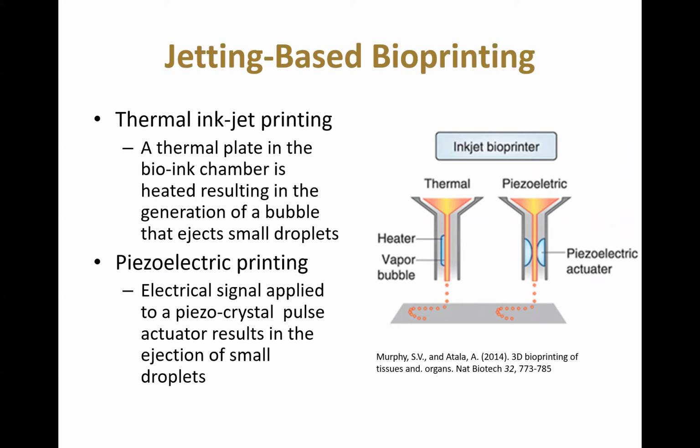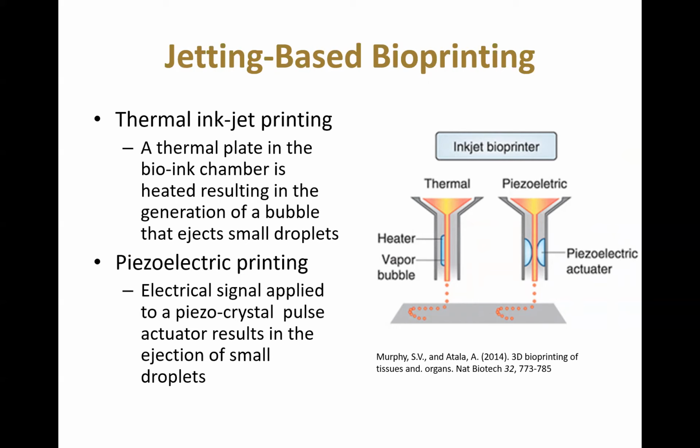bioprinting techniques, the thermal inkjet printing, as you can see here, uses a thermal plate that heats up, and it causes a generation of a bubble that ejects small droplets of your bioink and bioink plus cells. And you can deposit these small droplets in a layer by layer fashion to produce a 3D construct.